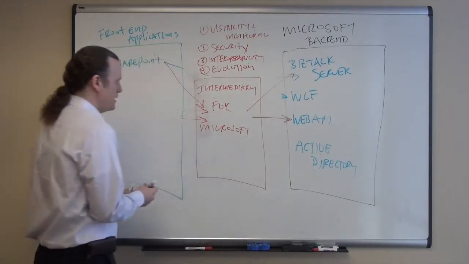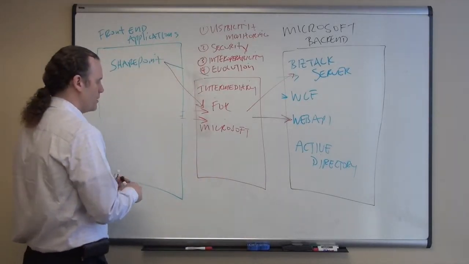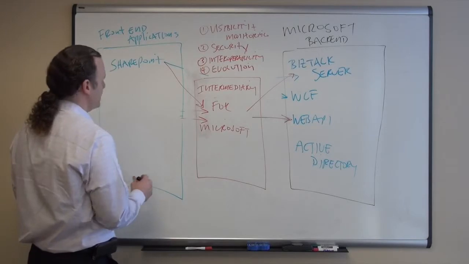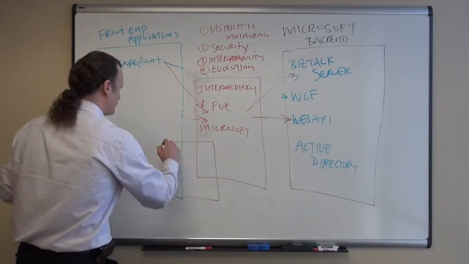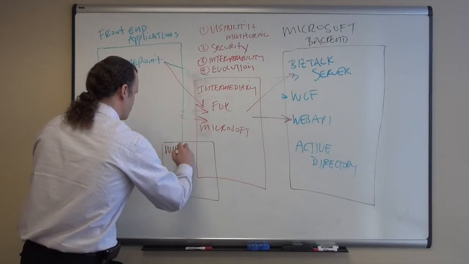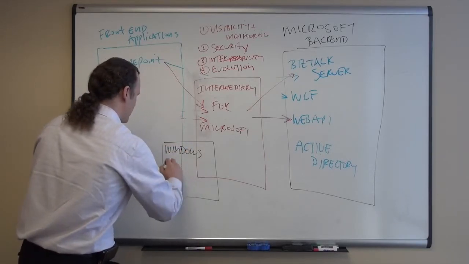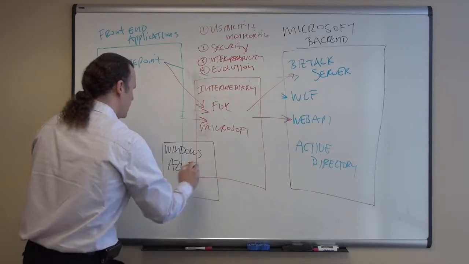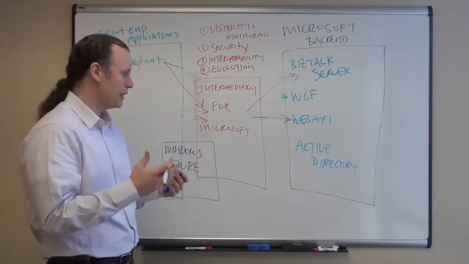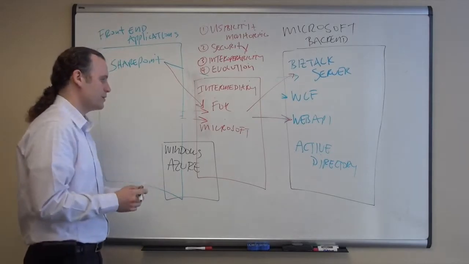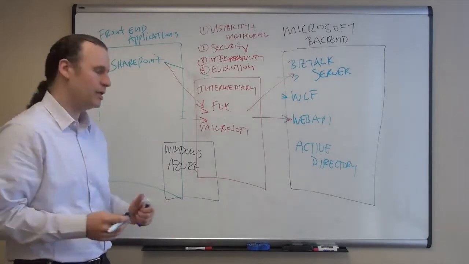Intermediary from Microsoft can natively integrate with Windows Azure. So I'm going to squeeze in Windows Azure over here in black. Okay, and I think everyone's familiar with Windows Azure. This is Microsoft's cloud computing infrastructure deployed to data centers around the world with a lot of great aspects in terms of scalability, in terms of accessibility, and so on.